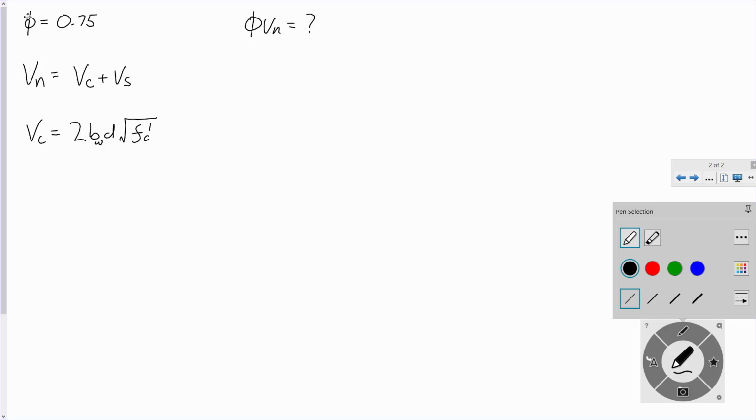So if I plug and chug, this is 2 times the beam width, 18 inches, times the effective depth, 33 inches, times the square root of 4,000 psi. That gives you 75,135.7, something like that.